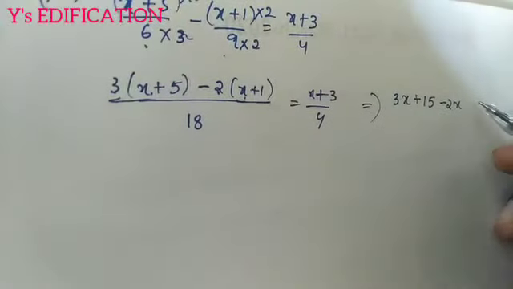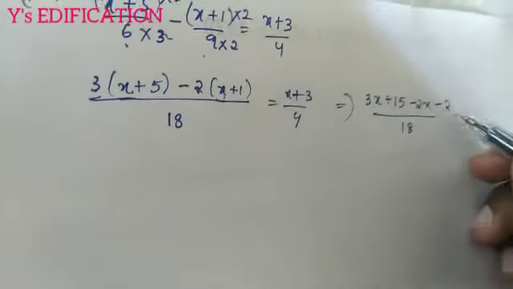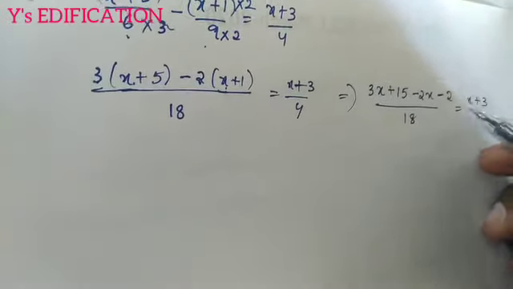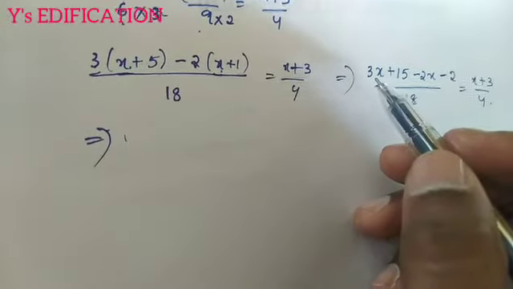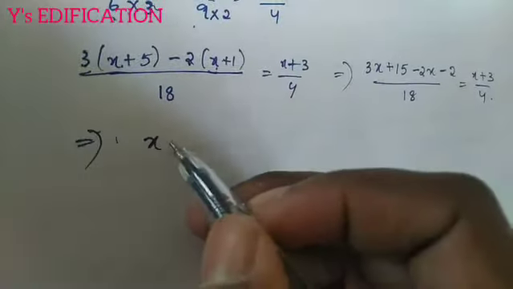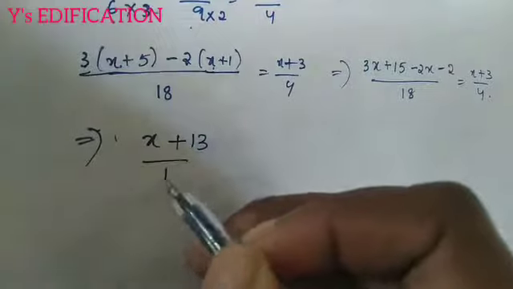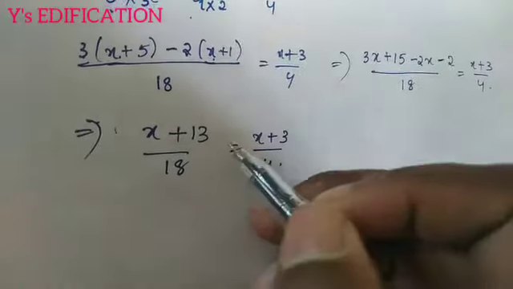Minus into plus is minus, 2 into 1 is 2, by 18, is equal to (x + 3)/4. So 3x − 2x is x, 15 − 2 is 13. So (x + 13)/18 = (x + 3)/4.